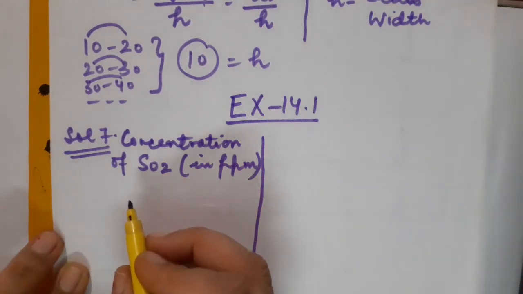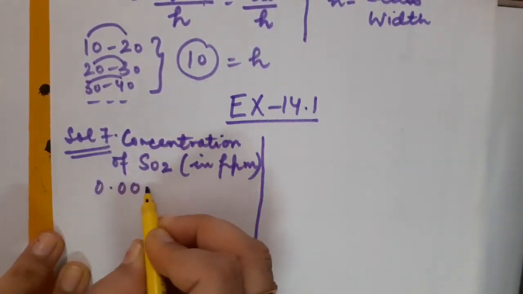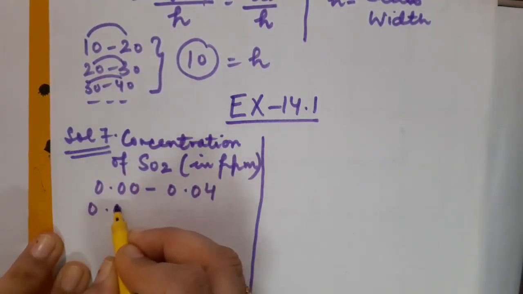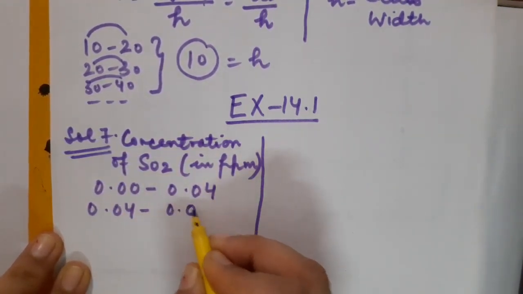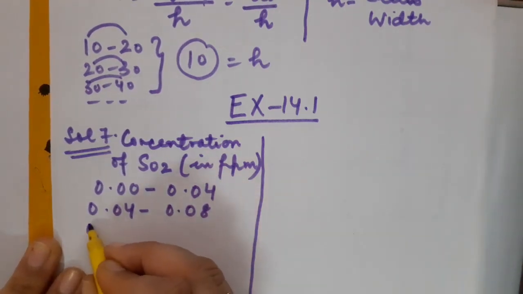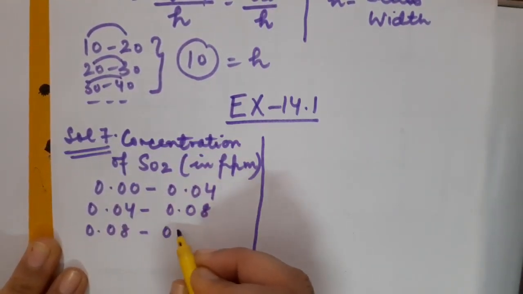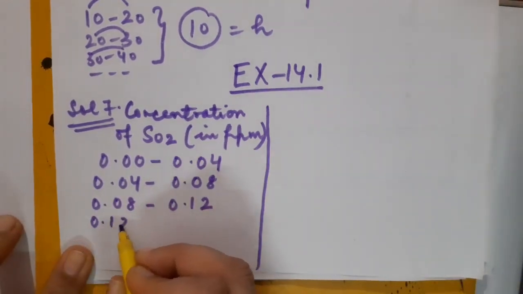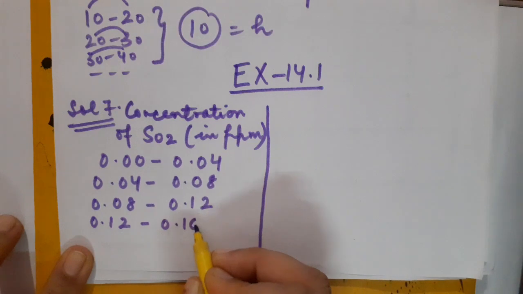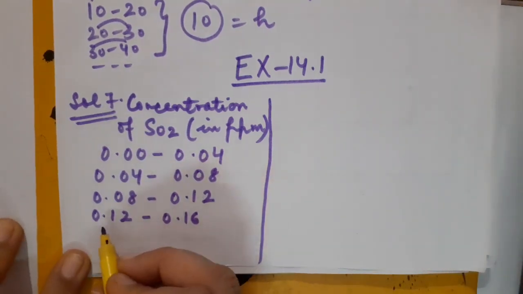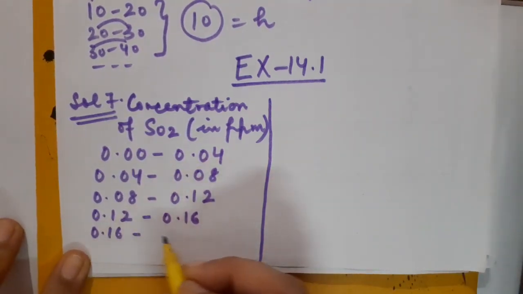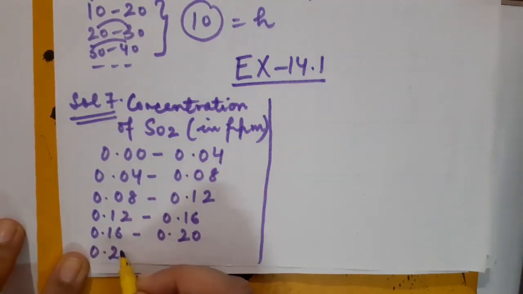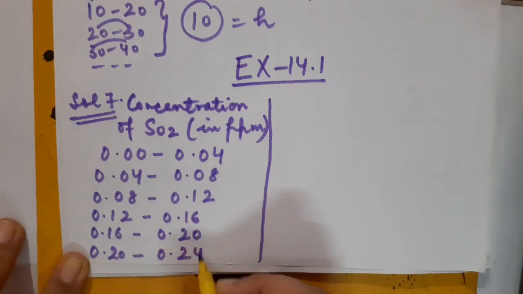Look, this is 0.00 to 0.04, 0.04 to 0.08, 0.08 to 0.12, 0.12 to 0.16, 0.16 to 0.20, and last is 0.20 to 0.24.